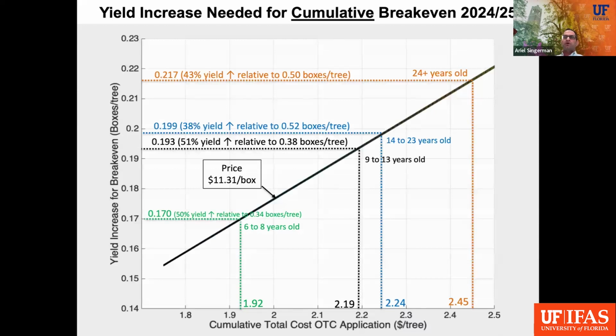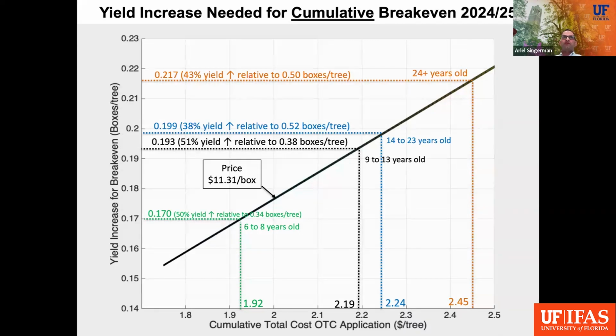So the cumulative total cost is now what we have on the horizontal axis for 24-plus-year-old trees is $2.45. And in order to achieve break-even, the yield would need to increase by 0.217 boxes per tree.